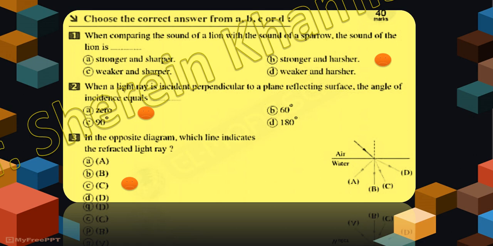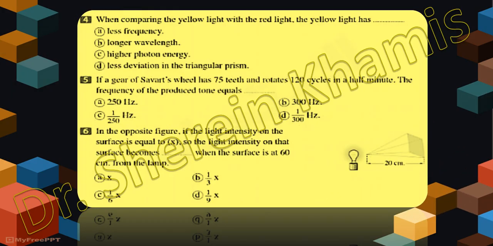Okay, let's go to question 4. Question 4 says that when comparing the yellow light with the red light, the yellow light has which property? We have less frequency, longer wavelength, higher photon energy, and less deviation in the triangular prism. The first, less frequency, belongs to the red light, and longer wavelength and less deviation also belong to the red light.